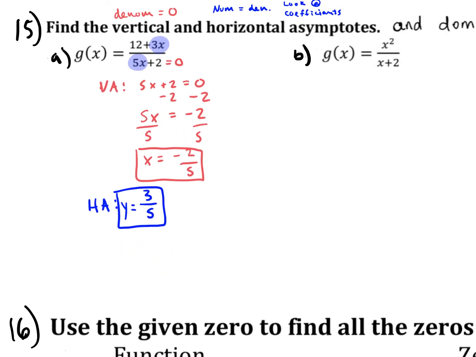And then lastly, for domain, you set the denominator not equal to 0. So it would be the same work that we just did here, but it would be x does not equal negative 2 over 5.